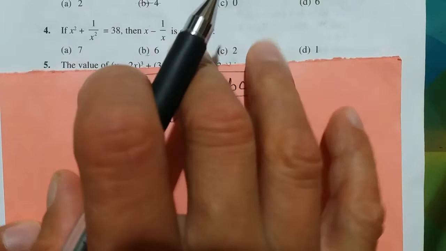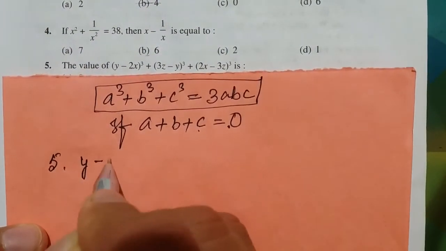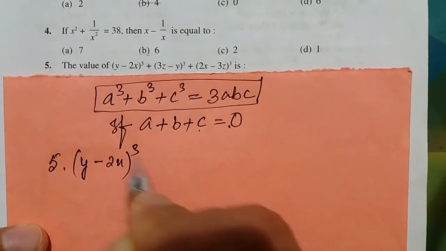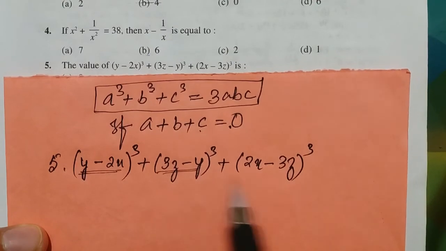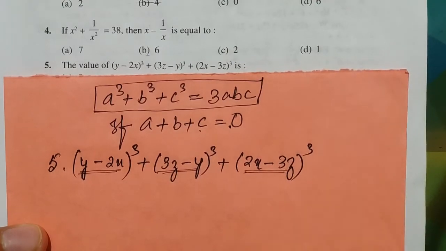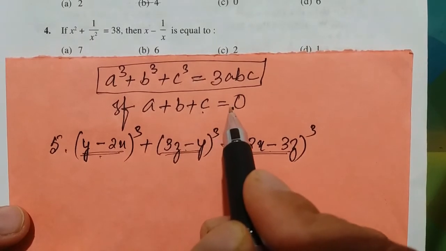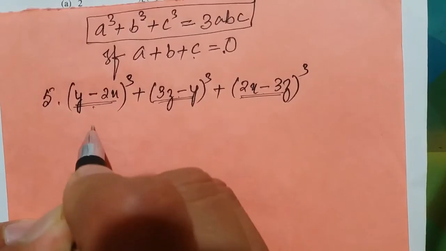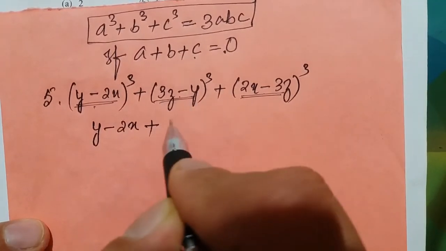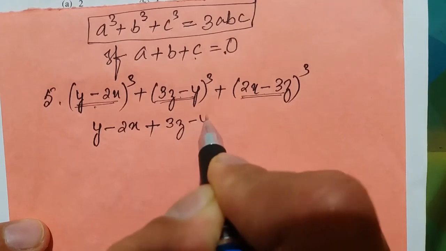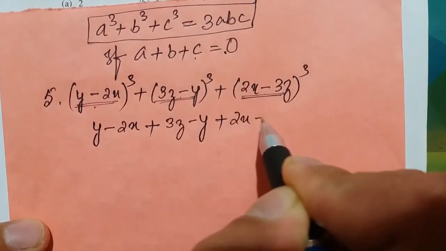Now here in this question we have (y minus 2x) whole cube. This is to be taken as a, this is to be taken as b, and this is to be taken as c. Now we will check whether a plus b plus c is equal to 0 or not. A, that is y minus 2x, plus b, that is 3z minus y, plus c, that is 2x minus 3z.